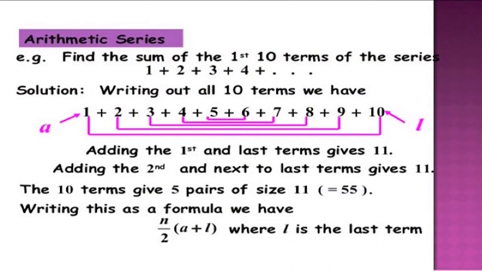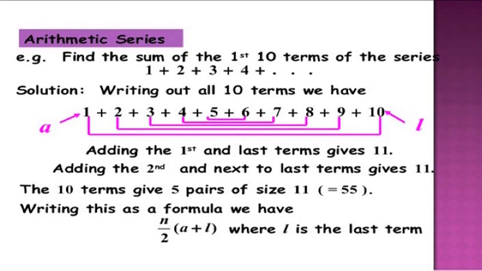Let us take an example to find the sum of the first 10 terms of the series. Writing out all 10 terms, we have 1 plus 2 plus 3 plus 4 up to 10. Adding the first and last terms gives us 11. Adding the second and the next to last term gives 11. The 10 terms give 5 pairs of sum 11, which is equal to 55.